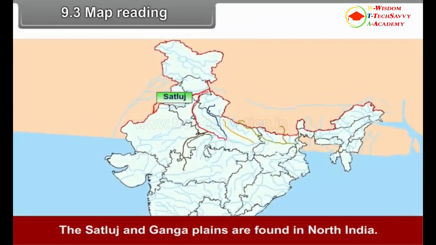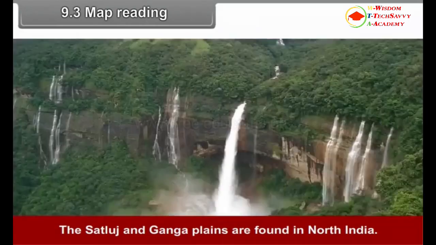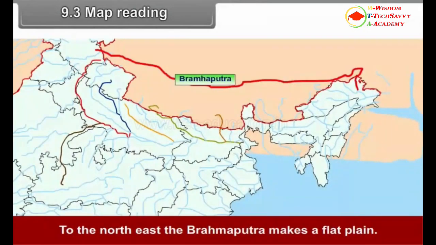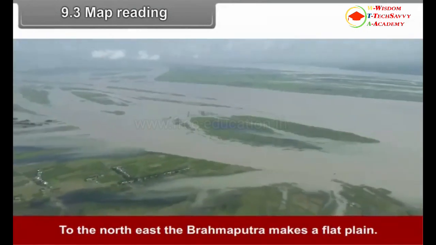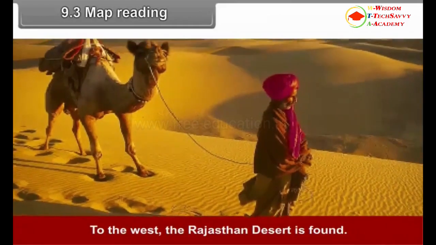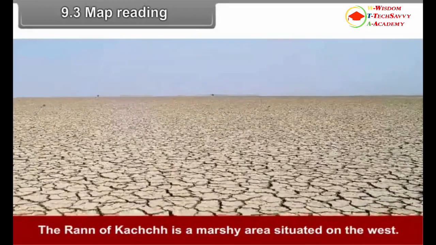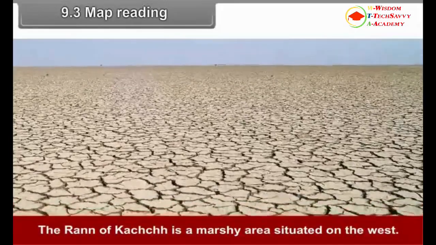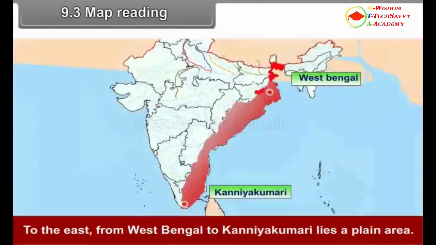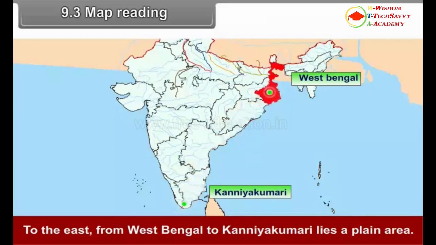The Satluj and Ganga plains are found in North India. To the northeast, the Brahmaputra makes a floodplain. To the west, the Rajasthan desert is found. The Rann of Kutch is a marshy area situated on the west. To the east, from West Bengal to Kanyakumari lies a plain area.